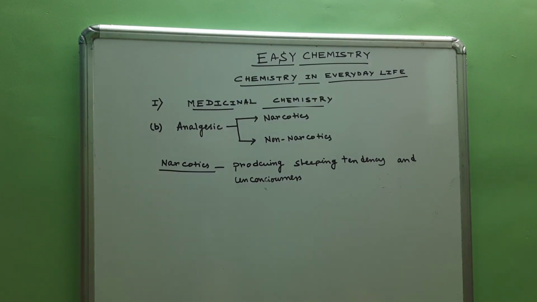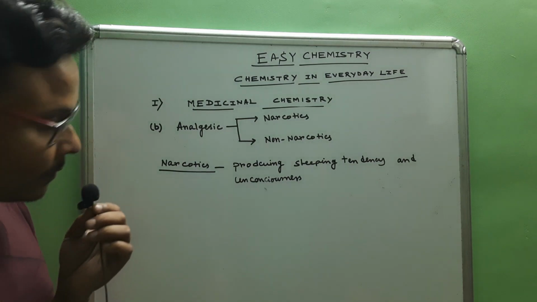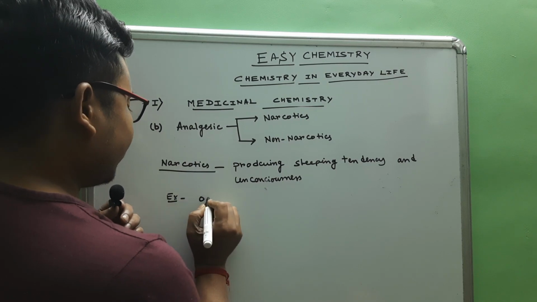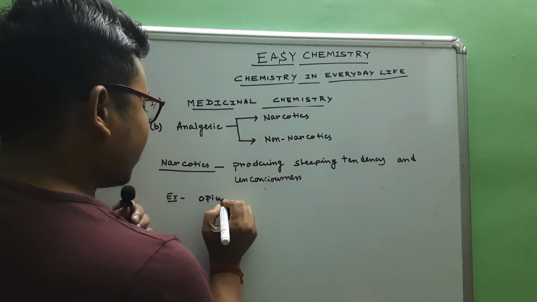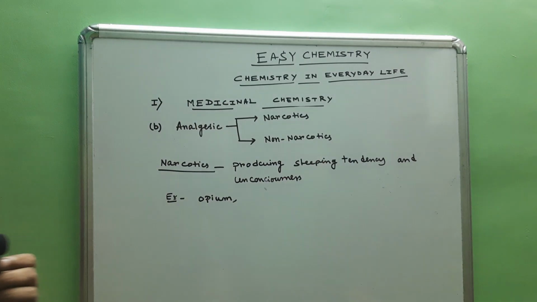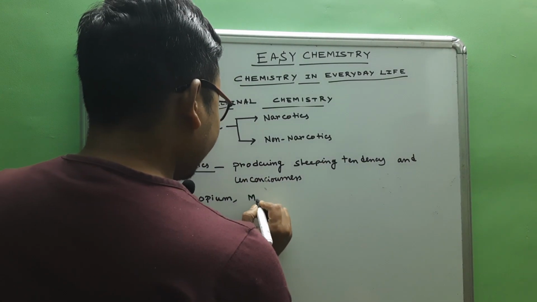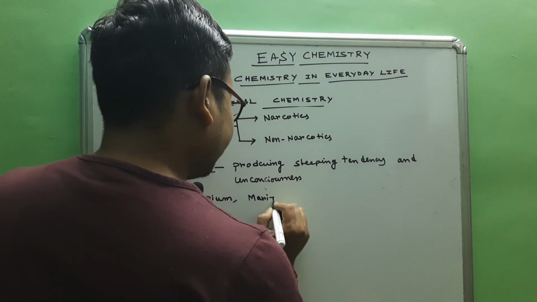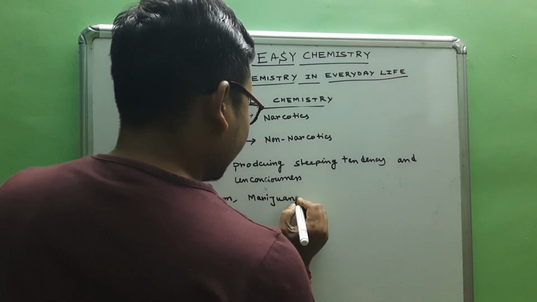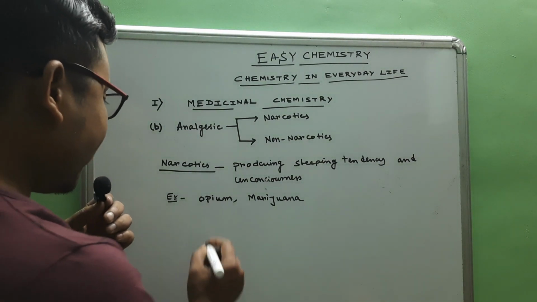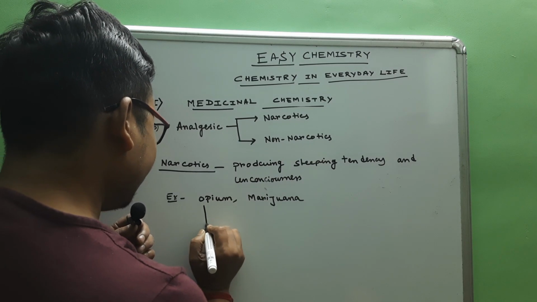These are opium type. Examples of narcotics are opium and marijuana. These are mainly two kinds of narcotics. And in opium, what are the chemical compounds present?